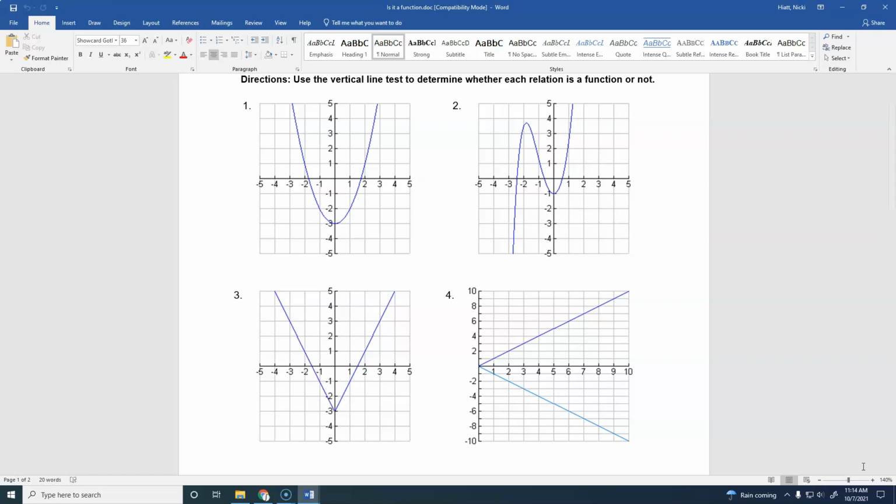I want you to look at that. Just number it 1, 2, 3, 4. Tell me yes or no for each one. Are these functions? When you see a solid line, that is a bunch of points all right next to each other.